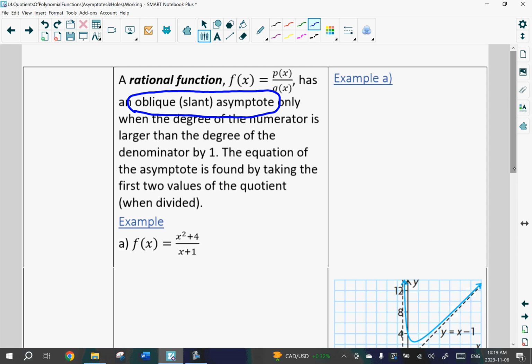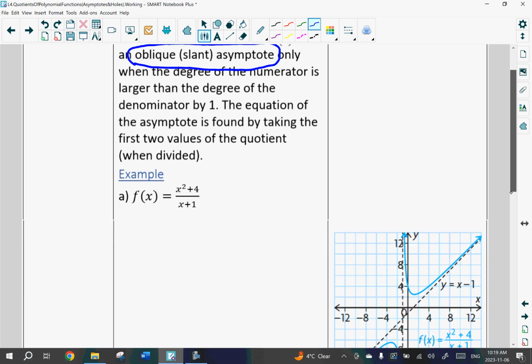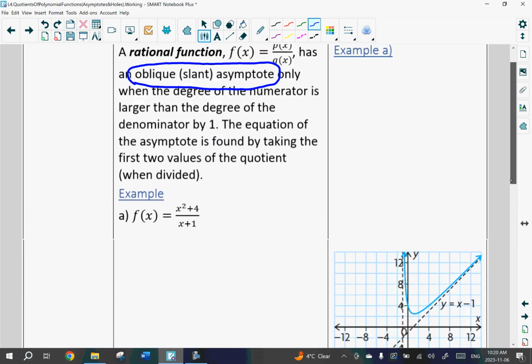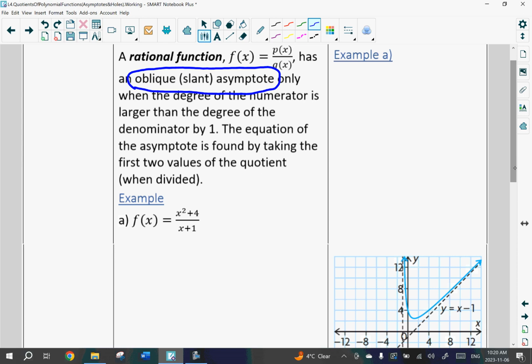Okay, anyway. So it's a slant asymptote, and there are some weird rules with it. It also goes through the equation of the first two values of a quotient of long division or synthetic division. So here we go, new learning. Number one rule: it's only going to happen if your numerator has a degree 1 larger than the denominator.